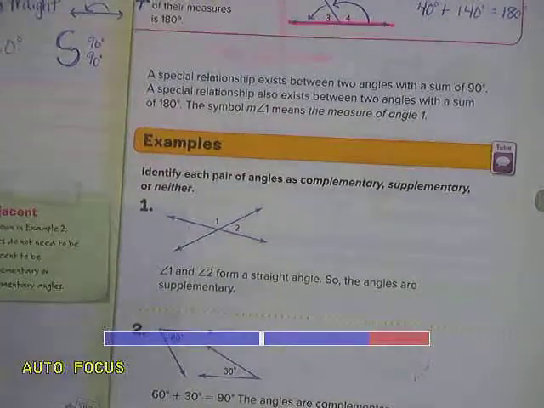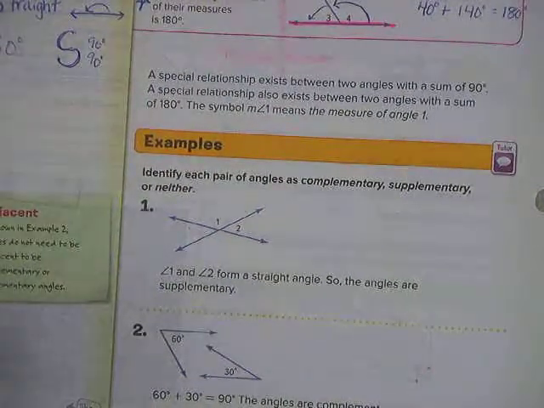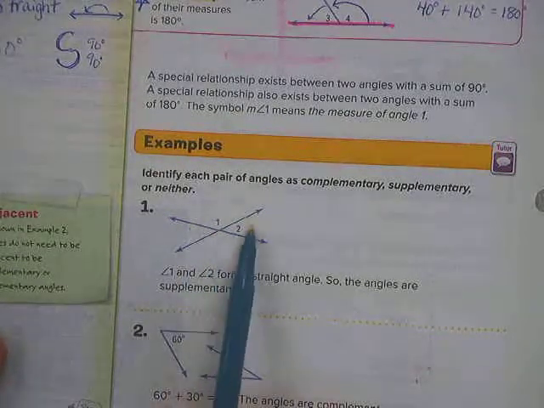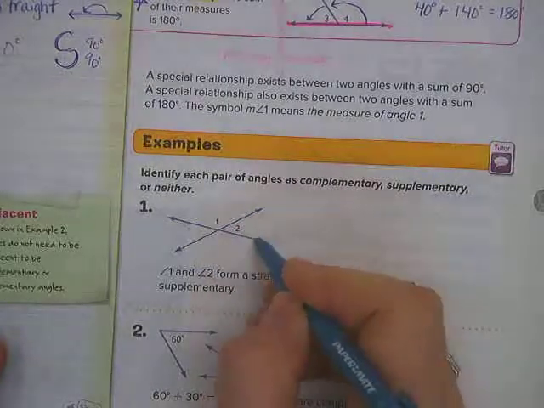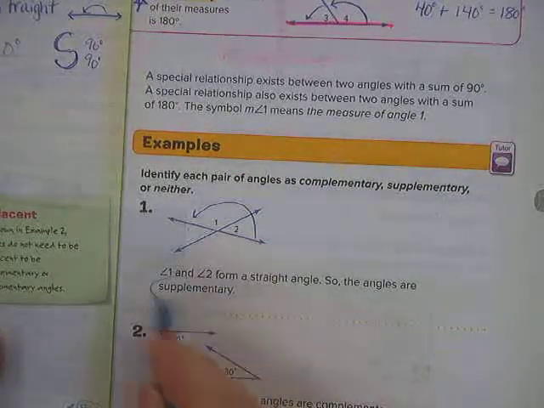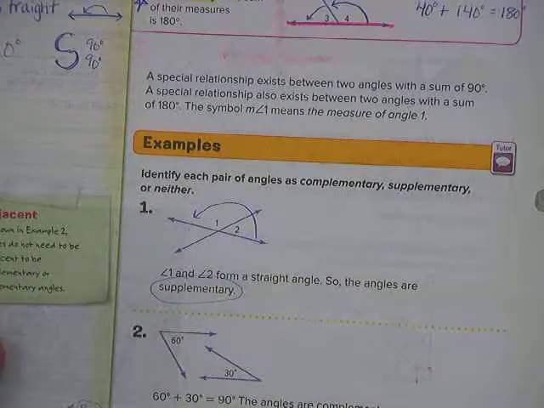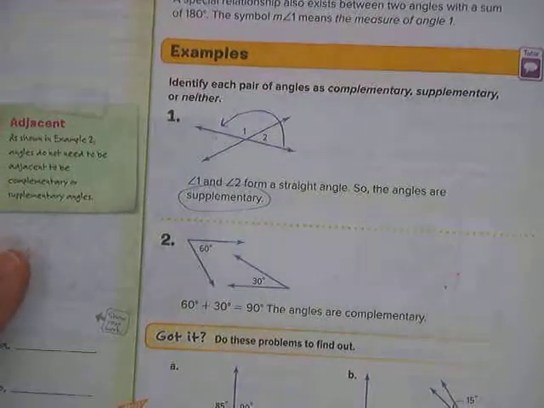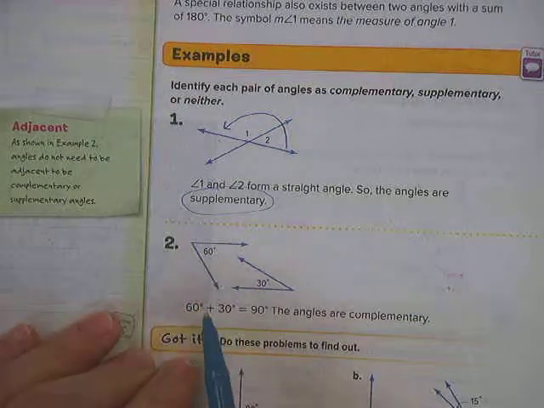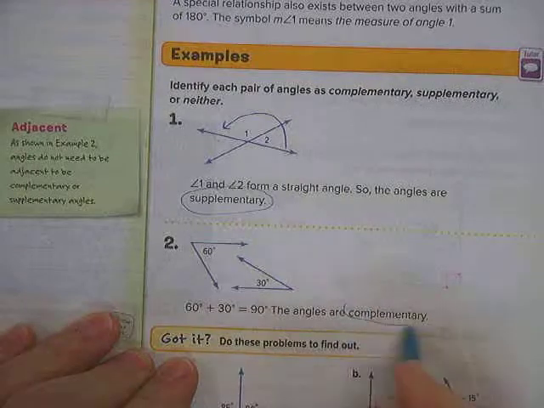Okay, let's go down here, and we're going to start identifying pairs of angles as complementary, supplementary, or neither. So in this example, these two angles happen to be adjacent, but they also make up a straight line, so that would be supplementary. This next example, do these two angles add up to be 90 or 180?